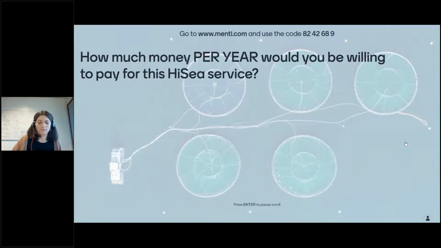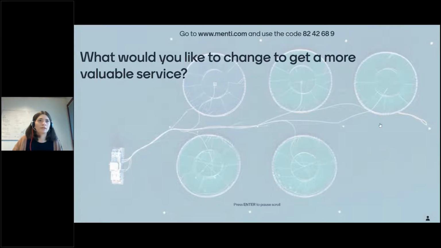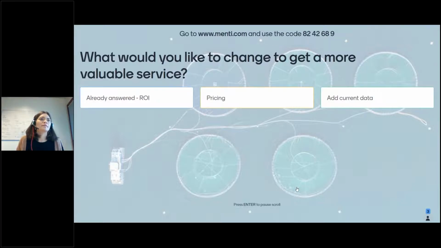Anna, I don't think the slide has changed in the Mentimeter. Do you have the go to next slides on the upper part or not? I will move next then, and we see if it is working. Our next question is, what would you like to change to get a more valuable service? Can you see it? If not, you can also, okay, I see that there are some questions coming in.